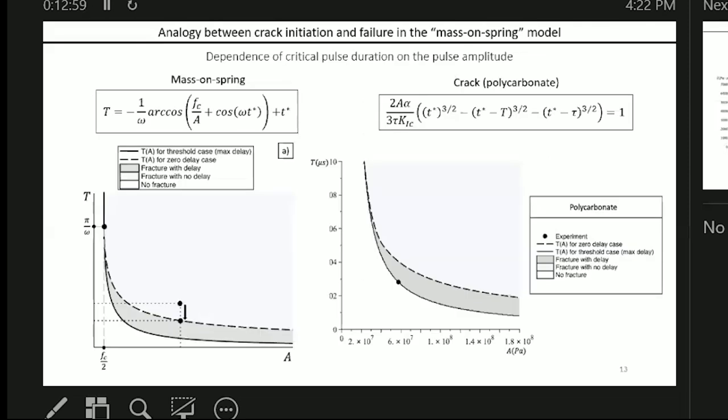Moreover, we can construct the dependencies of the durations of the critical pulses on their amplitudes, both for the mass on a spring and for the crack. They look very similar. So there is some motivation to build this very easy analogy between the crack initiation process and the failure of the linear oscillator system.